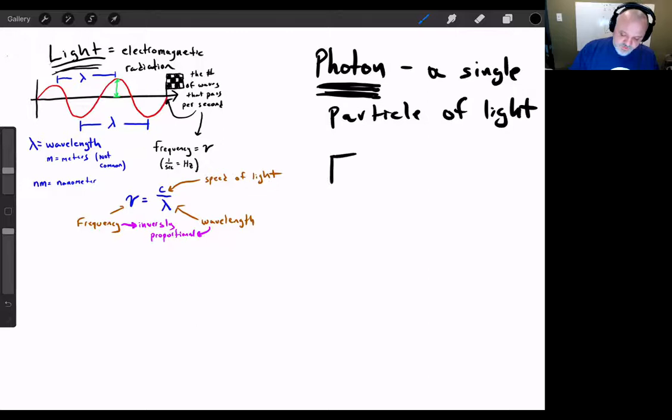You can talk about the energy of a photon with this equation. We already know that this is a wavelength.